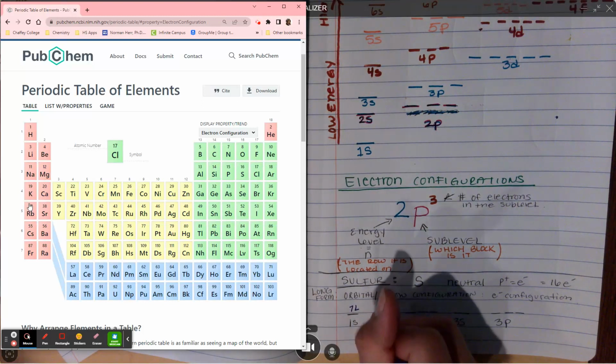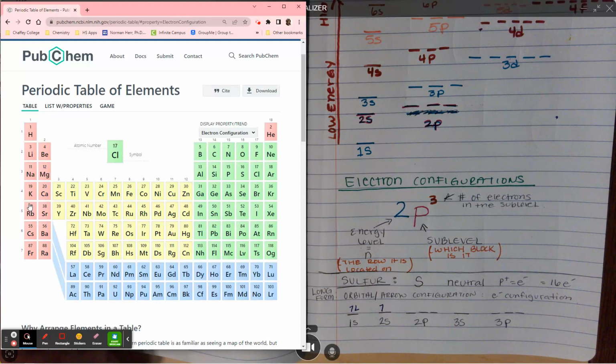I'm going to move on to the next one. One electron goes up, the other spins down. I'm done with that sub-level, so I jump to the next highest sub-level. One electron up.